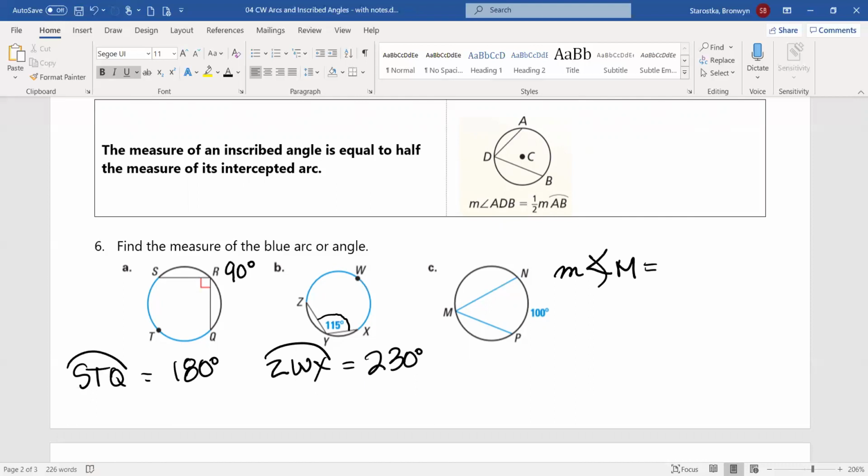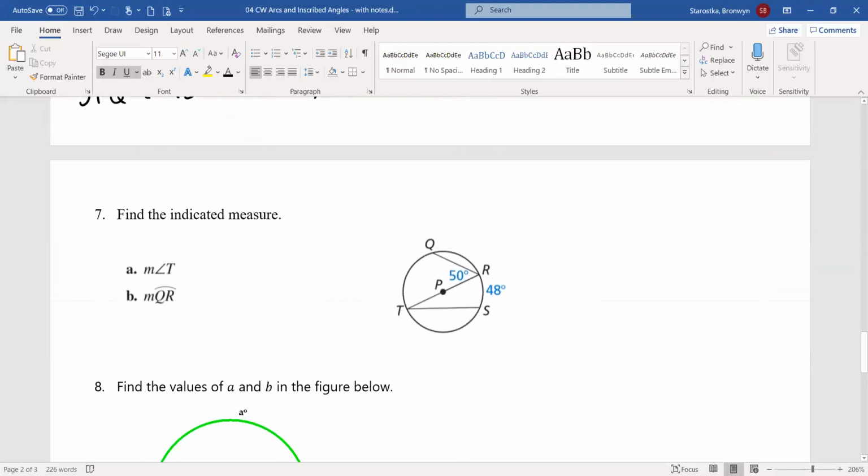It must be 50 degrees. The central angle and the arc are the same. The inscribed angle is half.